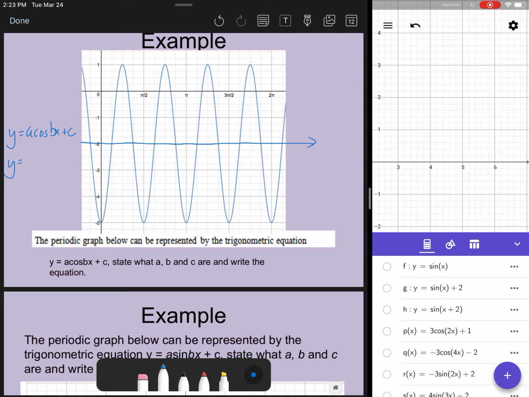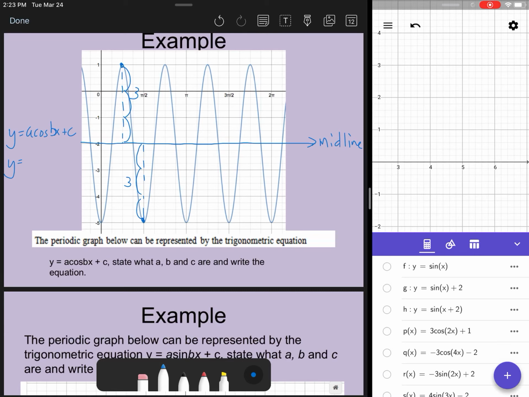If not right away, just try to locate the middle, and then I'm going to put a point up here and a point down there. These 2 points should be the same distance away from the midline. Notice here, 1, 2, 3, and then going in the other direction, 1, 2, 3. So that's how I know that that's my midline.